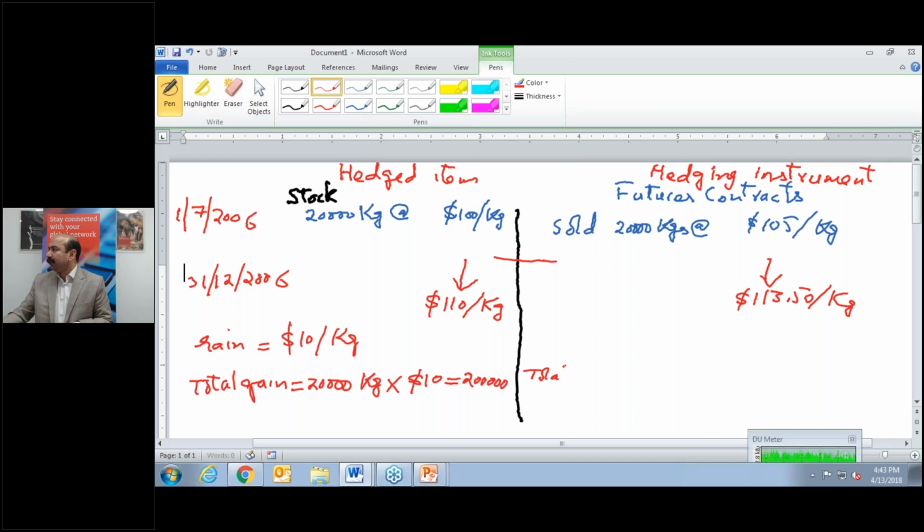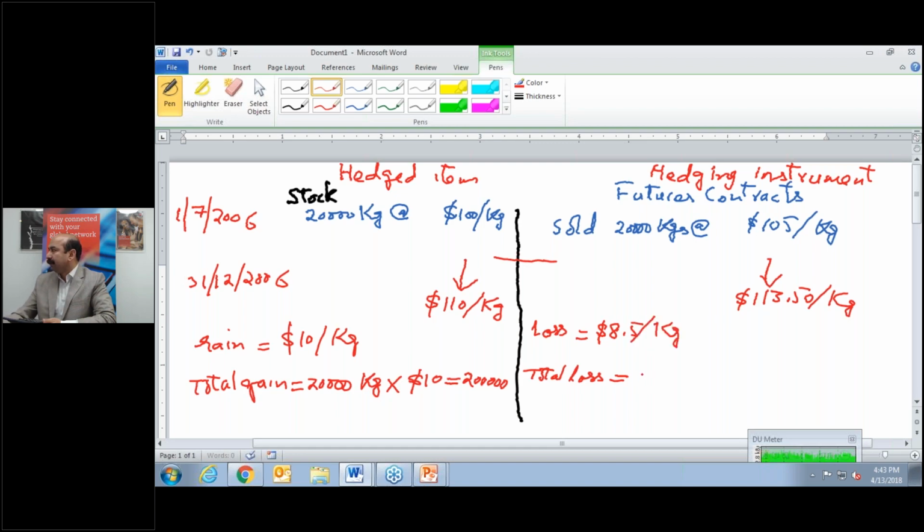We shall calculate the total loss the same way. How much is the loss? Loss is basically the difference between these two values: 113.5 minus 105. So this will give us $8.5 per kg. So this is a loss per kg.